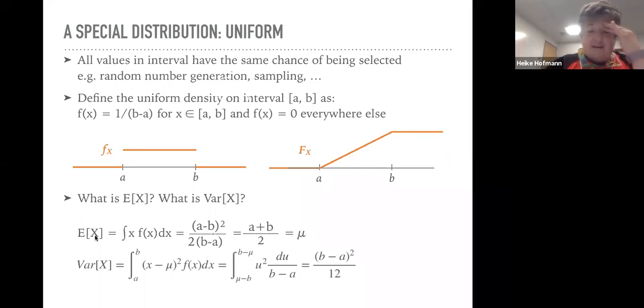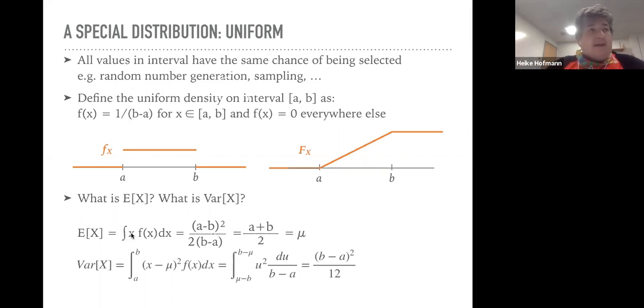We use the definitions and we get an expected value of this x by integrating from a to b of x times f of x. So that's x times 1 over b minus a, which is just a constant.